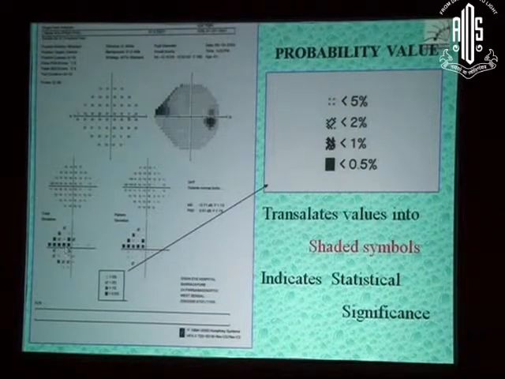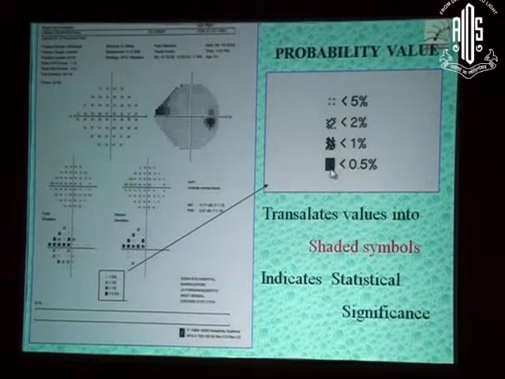Even normal patients may show some defect. If it is less, definitely that defect is significant. So that is indicated as less than 5%, meaning 5 out of 100 patients may show this decibel value.